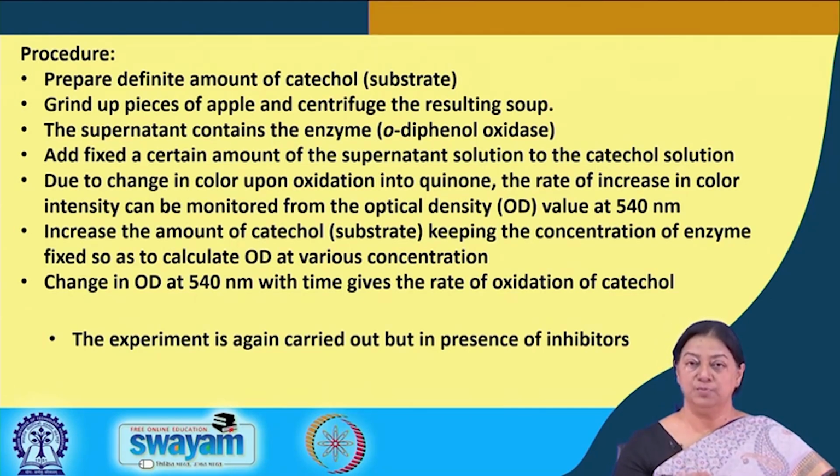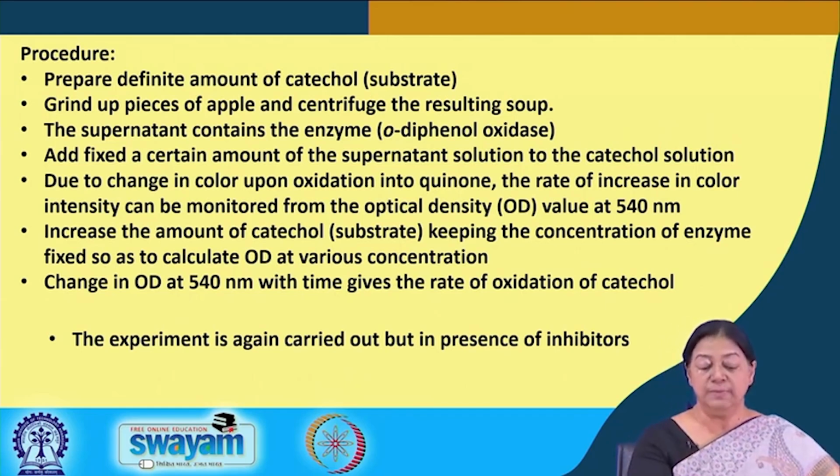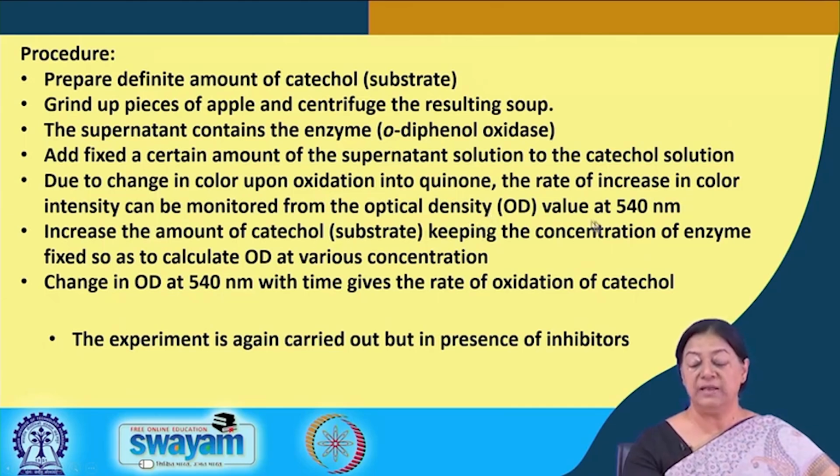That is, we are going to measure a parameter that tells us that the dark colored product is being formed, and this will be monitored by the optical density value, that is the absorbance value at 540 nanometer. So, it is a spectroscopic determination of how much of the browning of the apple has occurred with time, because we are doing an enzyme kinetic reaction.